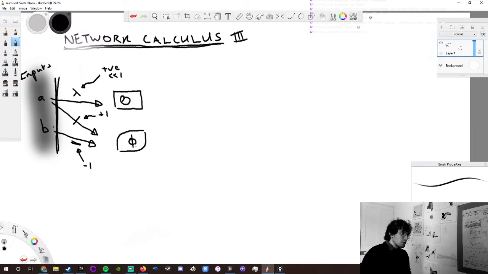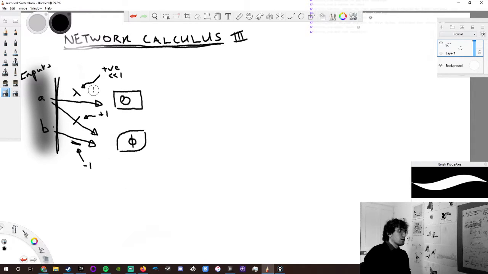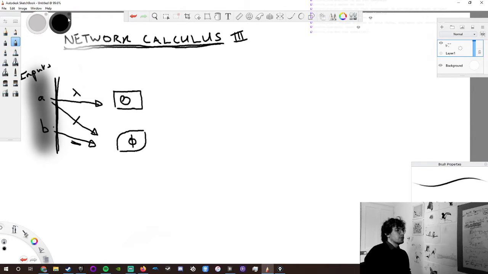So these are our activation functions. Activation is not that useful a word, so we're just going to call them our functions.